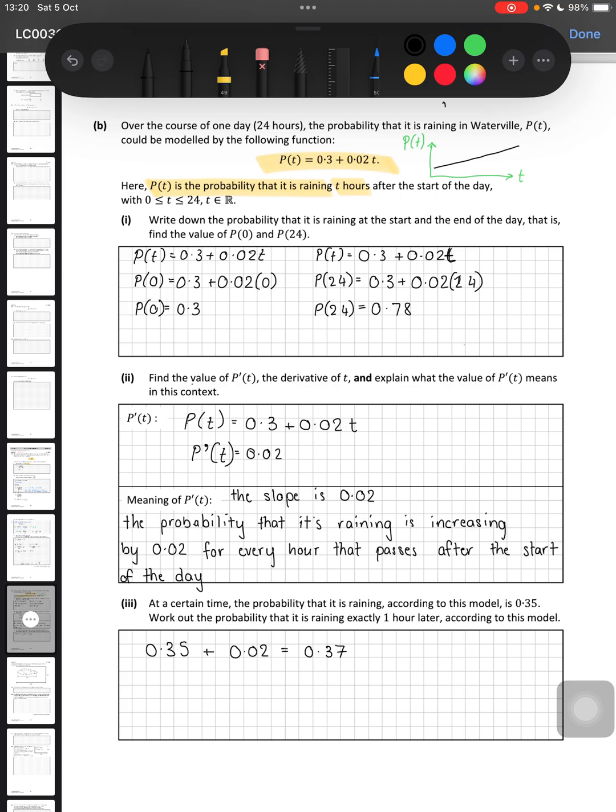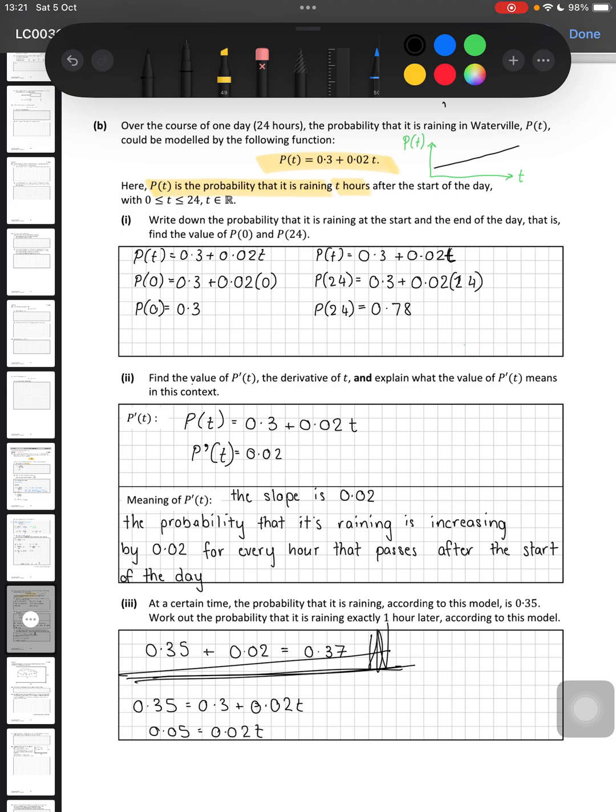The other way we could have done it is to ask, at what time is P of t equal to 0.35? We could have rearranged this: 0.3 plus 0.02 t. We would then minus 0.3 from both sides, so that we got 0.05 is equal to 0.02 t.